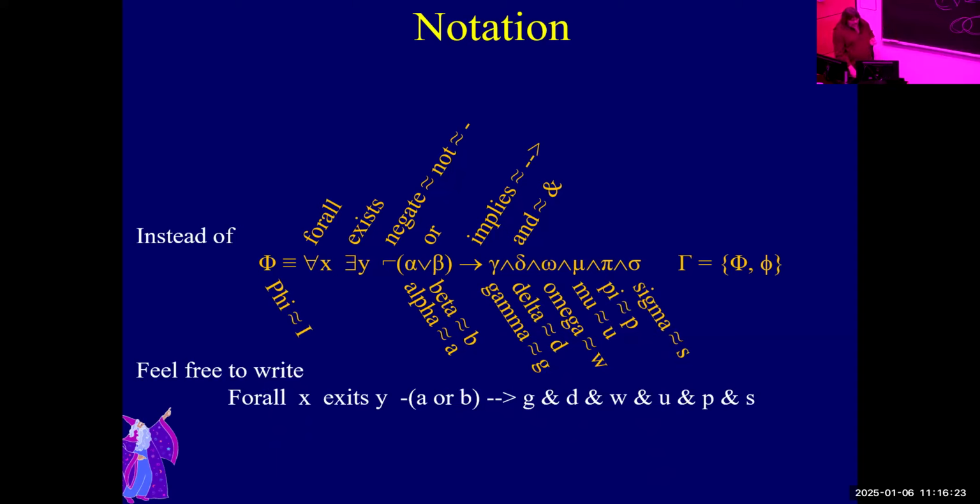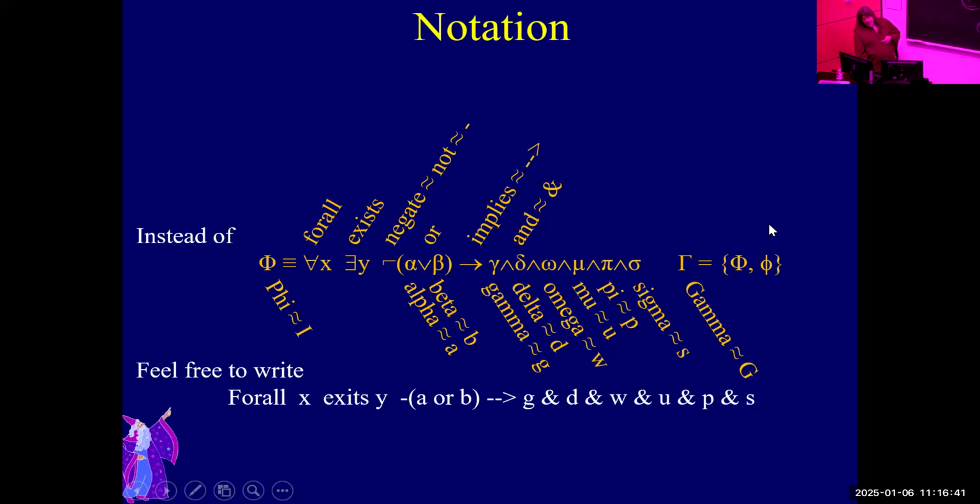The capital ones are sentences. And this one here, capital gamma, is a set of sentences. It's usually used for our axioms. We start knowing that these things are true. Any questions about this?